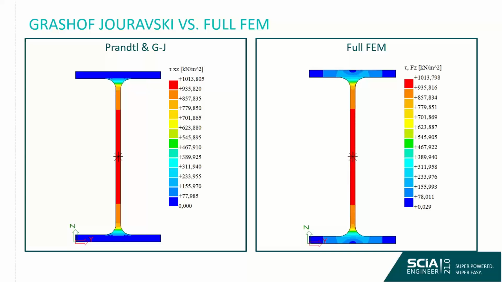But what you do see is that the Prandtl-Grasov-Juravsky method does not see the fact that these flanges will have concomitant values in them, will also have a function in the torsion distribution, whereas on the full FEM side, we see that on top of the parabolic distribution of stresses in the web, thank you, we also have a linear distribution of stresses in the flanges. So a bit more accurate representation, but for your check, honestly, it will not make that big of a deal.